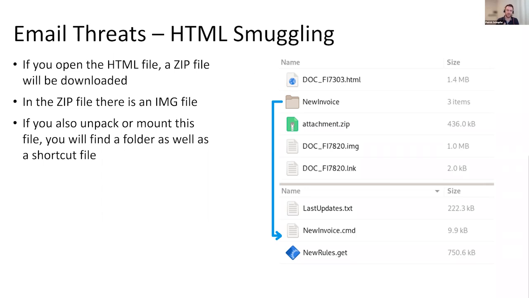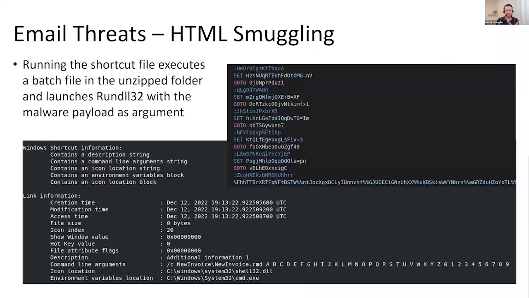If you actually unpack the IMG file, you get a new folder. It's called new invoice, but you also get a link file. And this link file is most likely the one the user should open. An analysis of the link file can be seen in the lower image. We see that the link file actually triggers the new invoice.cmd, which is within the folder.